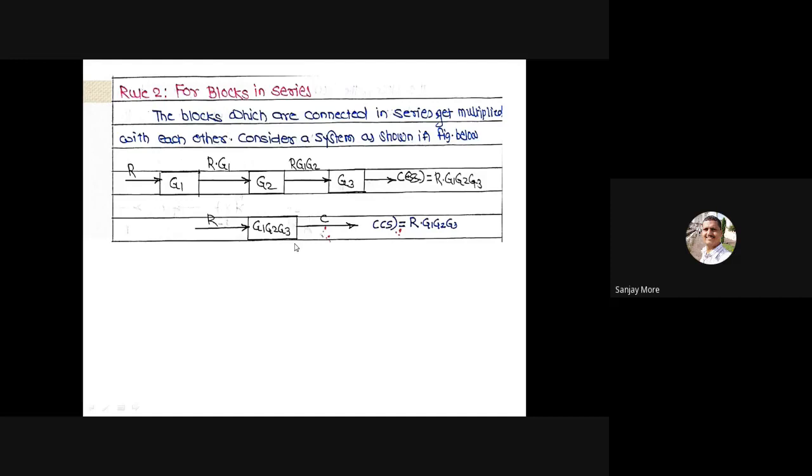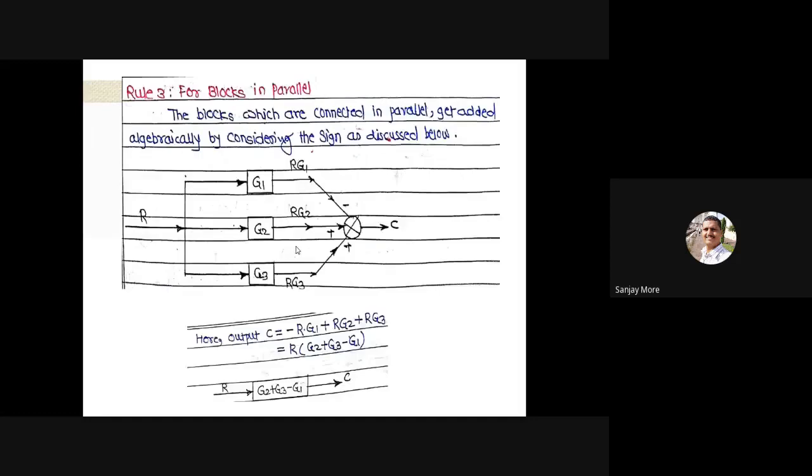Here, where blocks are connected in series, we consider the input multiplied by the block values. Okay, where blocks are connected in series.